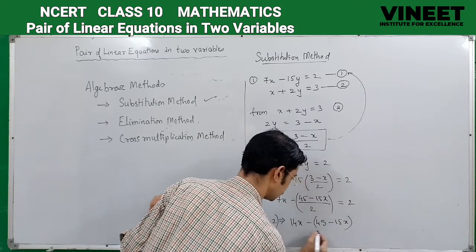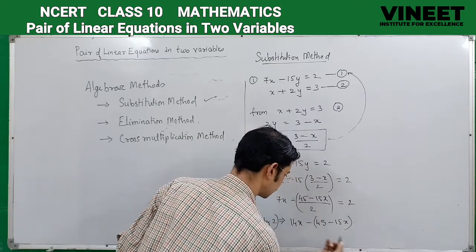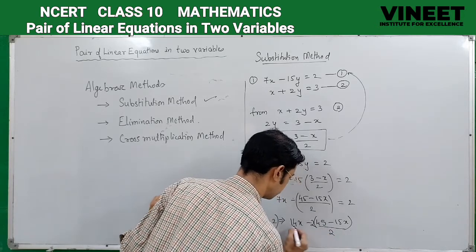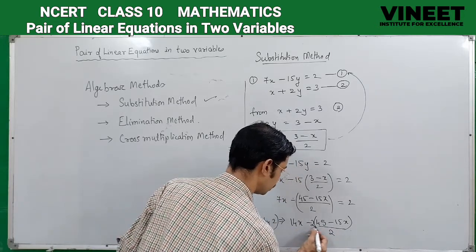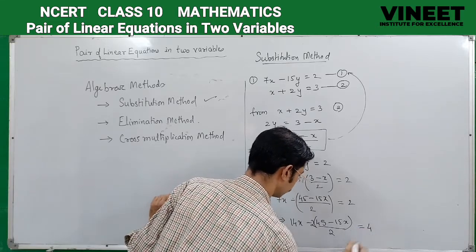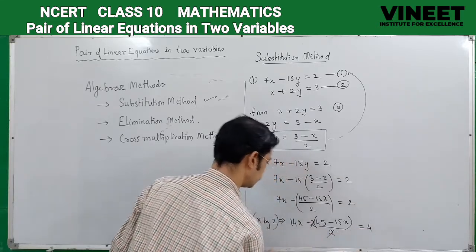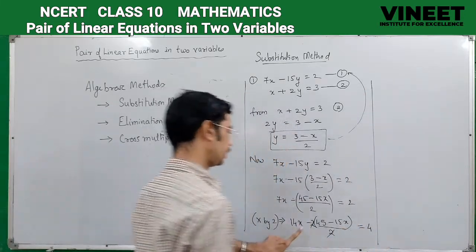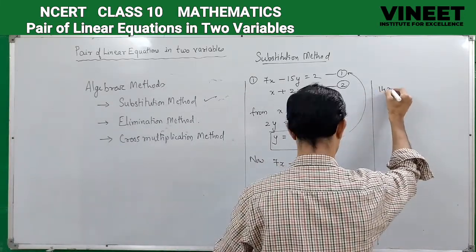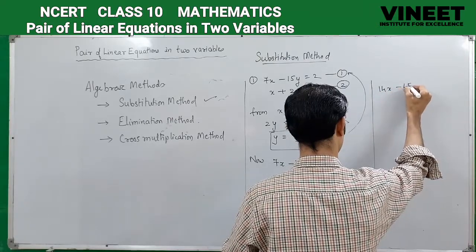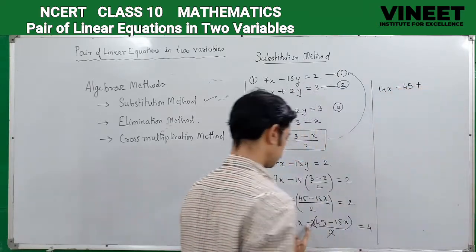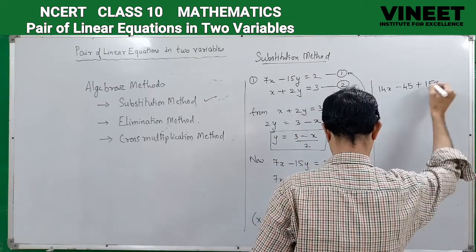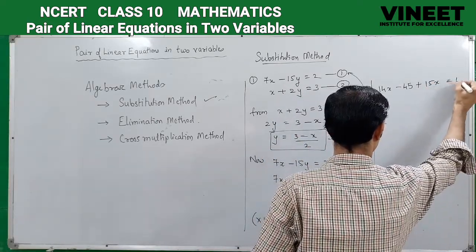The 2 gets cancelled, and on the right side 2 times 2 is 4. So 14x minus 45, minus into minus is plus 15x, and that is equal to 4.